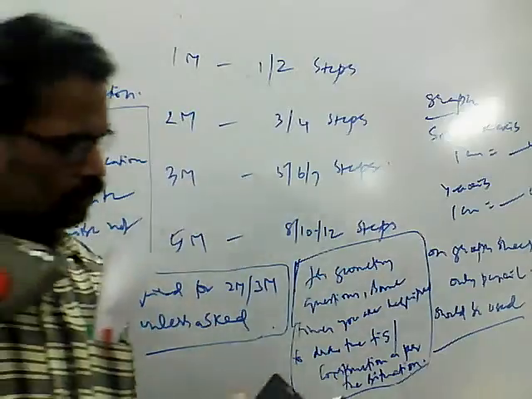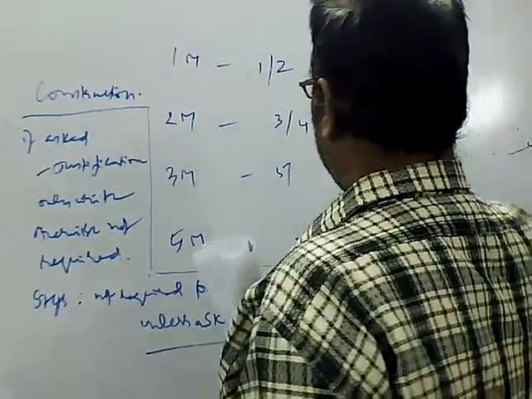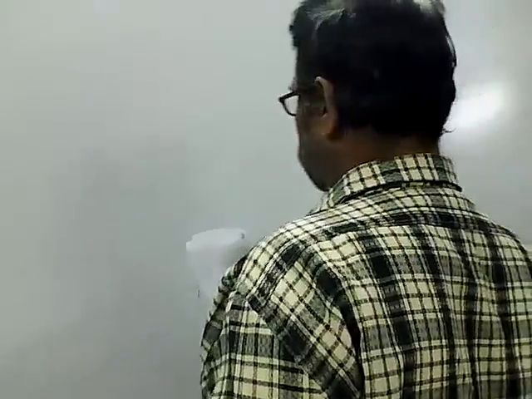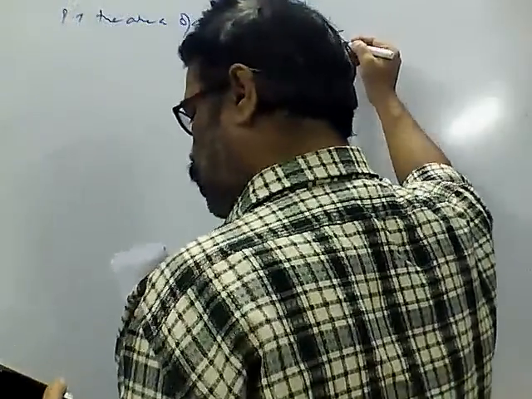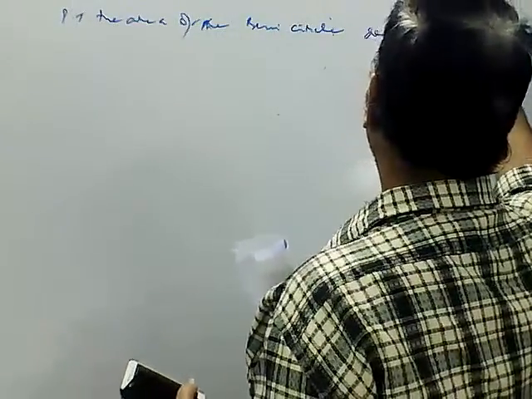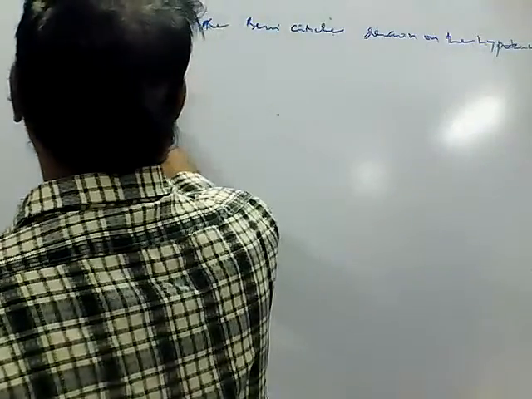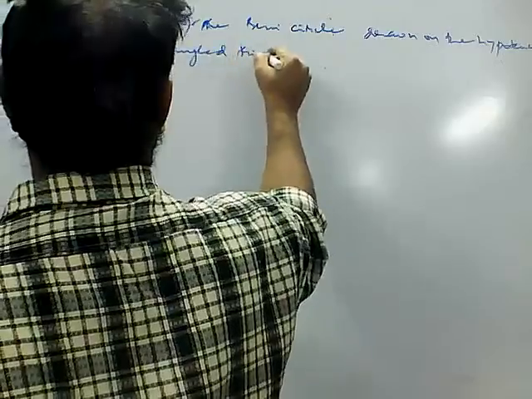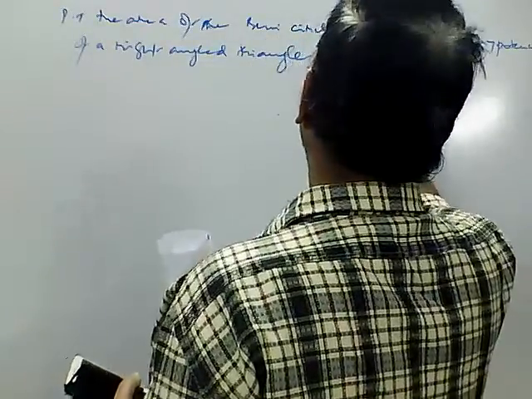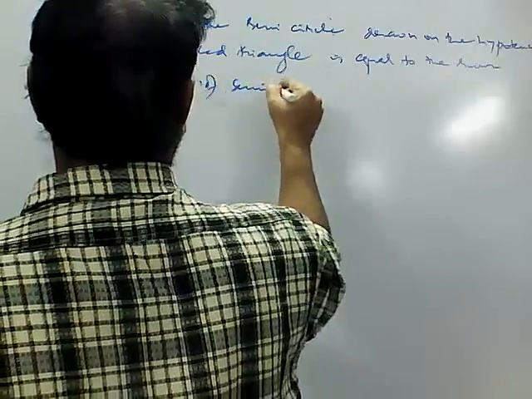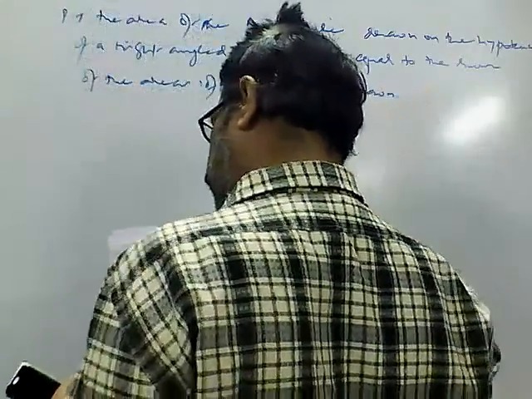Okay, prove that the area of the semicircle drawn on the hypotenuse of a right angle triangle is equal to the sum of the areas of the semicircles drawn on the other two sides of the triangle.